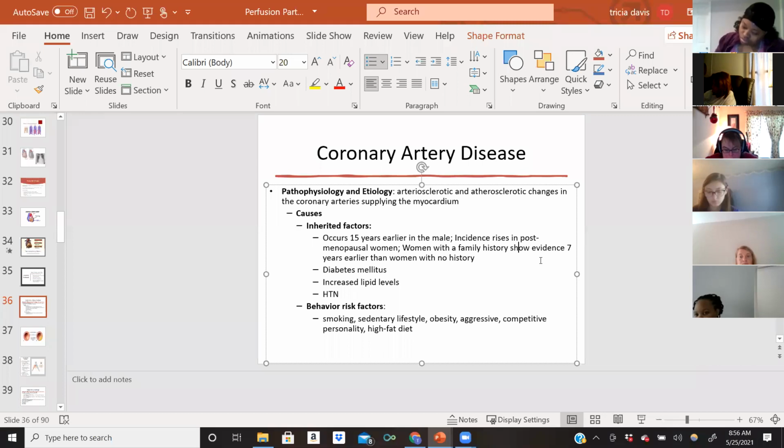So some behavioral risk factors: that sedentary lifestyle, being obese. So you guys need to know your BMIs, right? So you can see who would be at risk for coronary artery disease. Smoking, competitive personalities, and high-fat diets. And then people who are aggressive tend to have coronary artery disease, I guess, because of the stress.